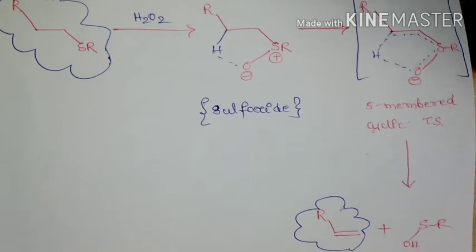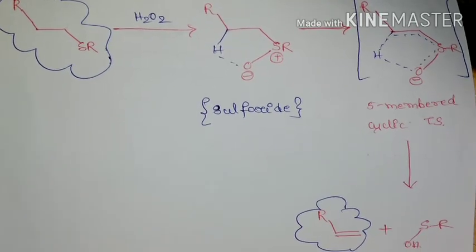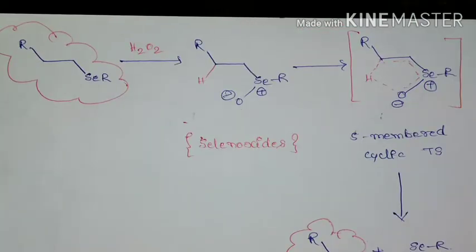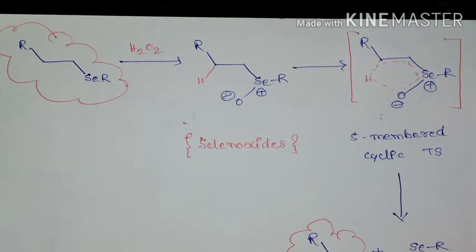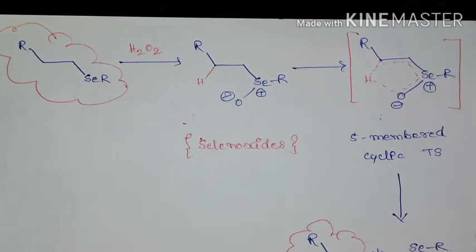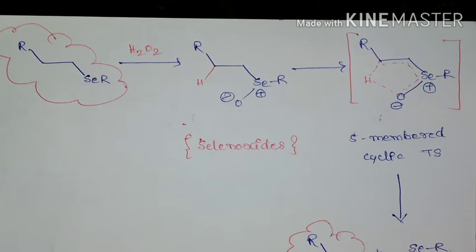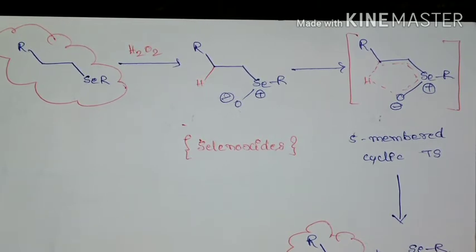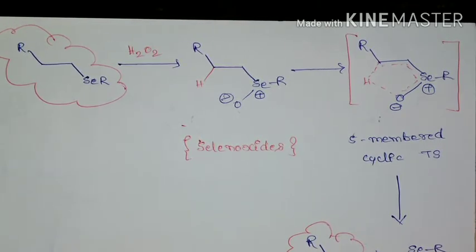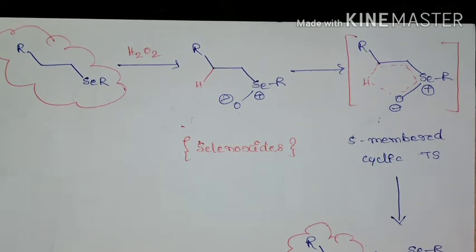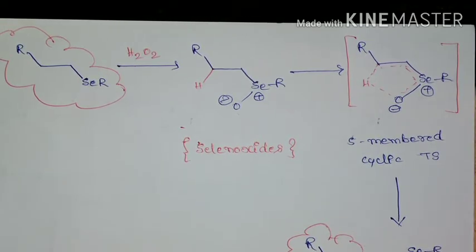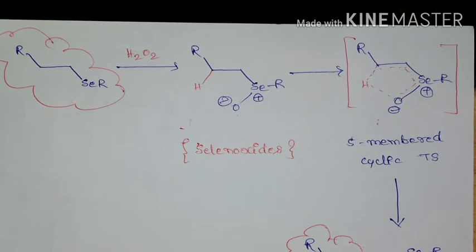This is just similar to Cope elimination, with sulfoxides instead of amine oxides. One more variation is selenium. Instead of amine or sulfur, if you have a selenium-containing compound, it undergoes oxidation in presence of H2O2 and forms selenoxide.